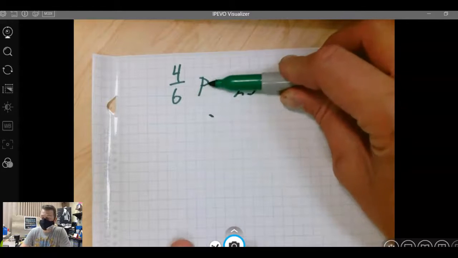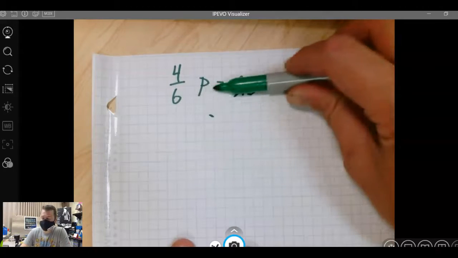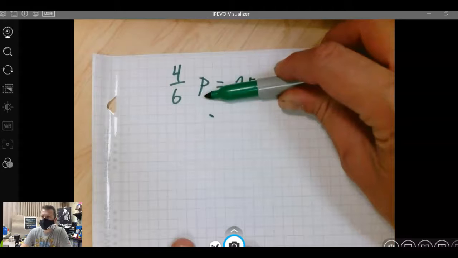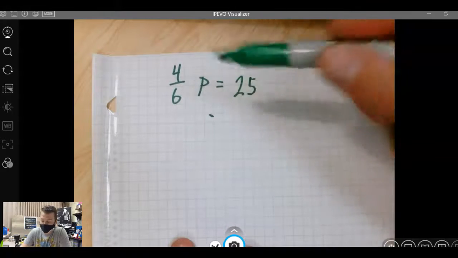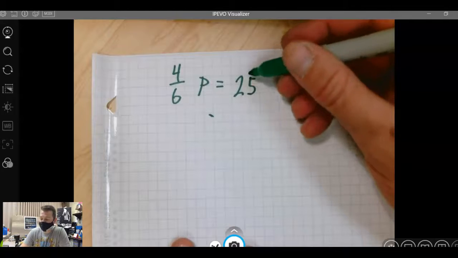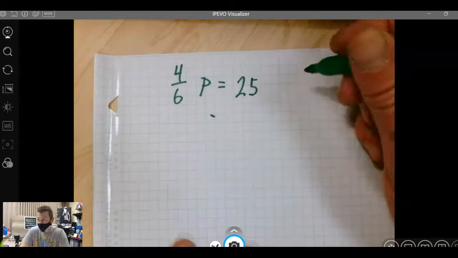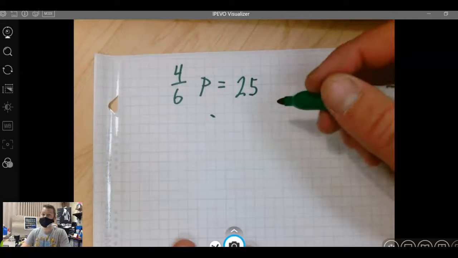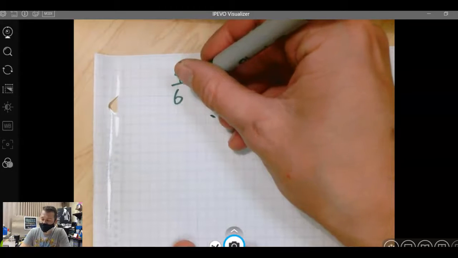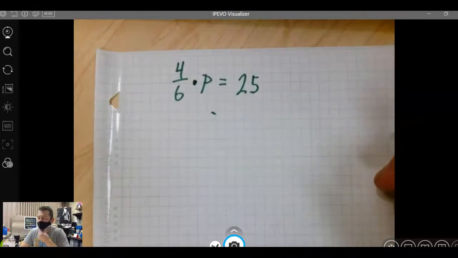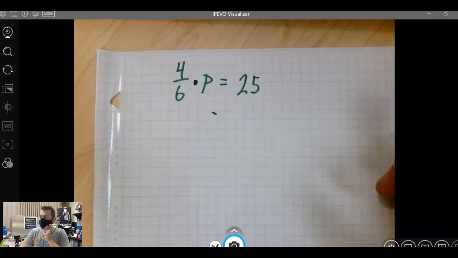And they've gotten pizza, right? So 4/6 of the pizza that we actually should have ordered was 25 pizzas. We ate 25 pizzas. All of you guys that already got to eat ate all the pizza. So we are going to make a quick pizza run to buy the rest of the pizza that we need.